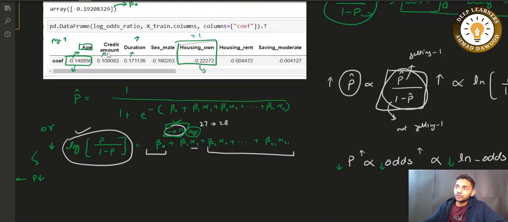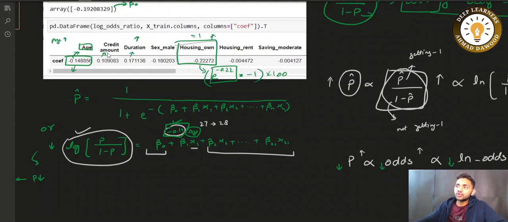And if you take e raised to power minus 0.22, you can get an idea of what the odds ratio is at that particular point. And if you subtract 1 from that odds ratio and multiply by 100, you can see how much percentage decrease in the odds of being default when the housing is own.